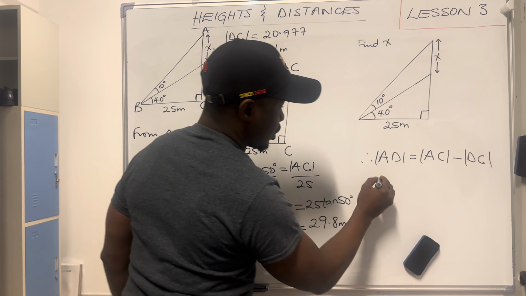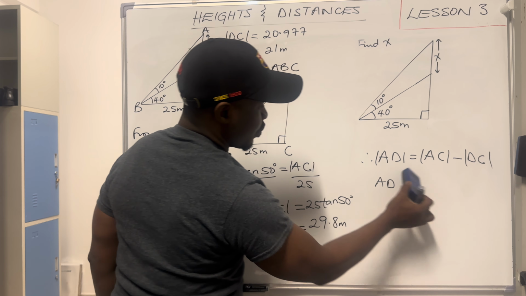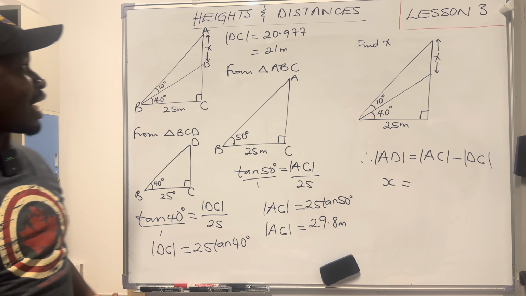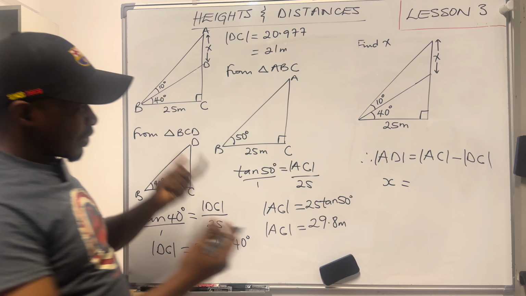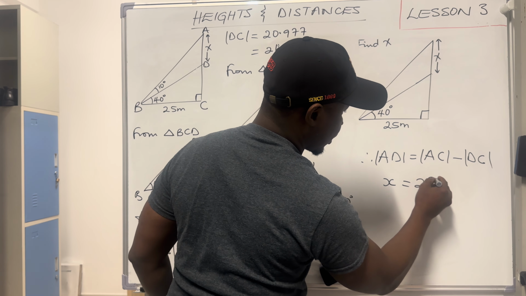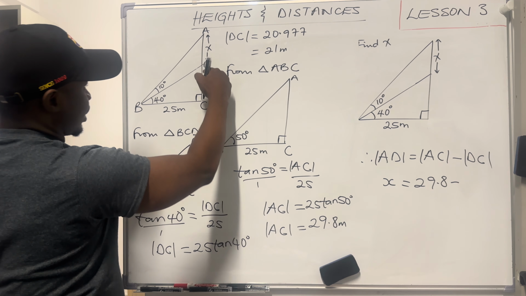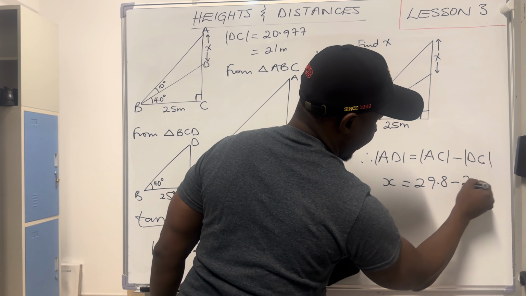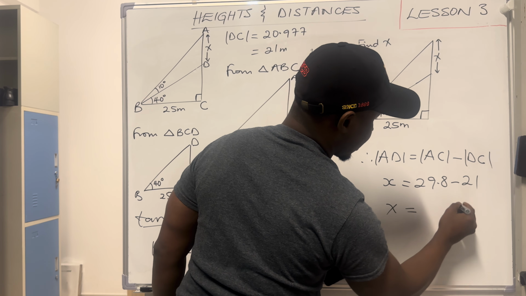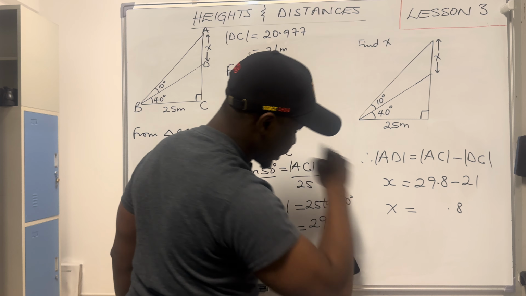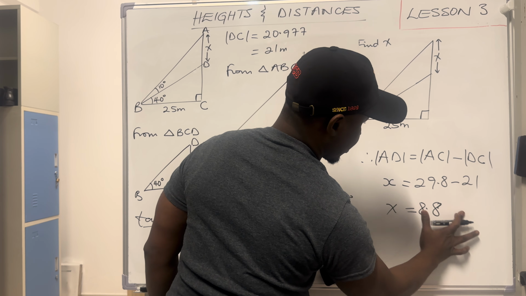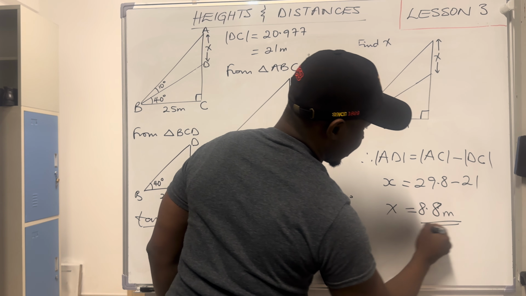AD we cannot write as X because we are not given AD; you and I decided to write ABCD. So what is AC? From A to C, 29.8. What about DC? 21. Then X is equal to 29.8 minus 21, which is 8.8. So this is what we have.